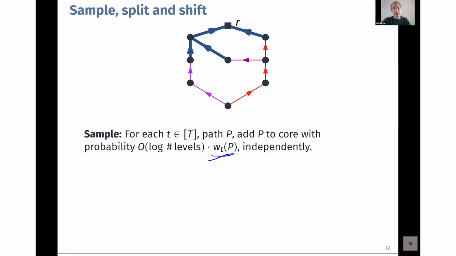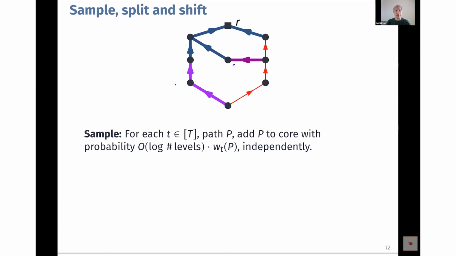If the weight was already bigger than 1 over log number of levels, we would sample with probability 1. So the expected increase in the core cost here is bounded by log number of levels times the sum of the weights of the paths times the cost of these paths. So that increases the size of our core.